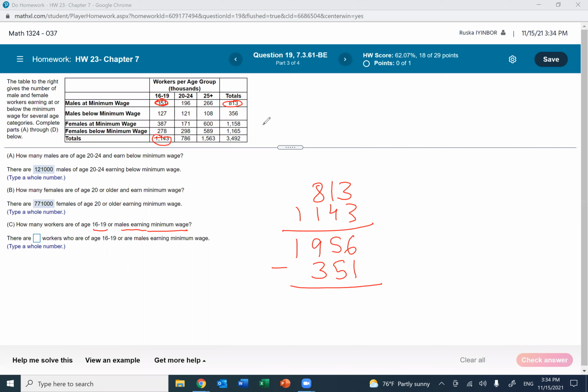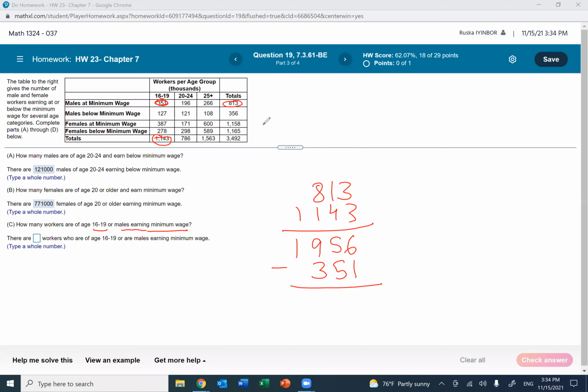We have how many workers earn below minimum wage? So let's see how many are below. Below minimum wage is this one, and below minimum wage is this one, right? We're adding the totals, male and female. So we're gonna add 356 and 1,165.